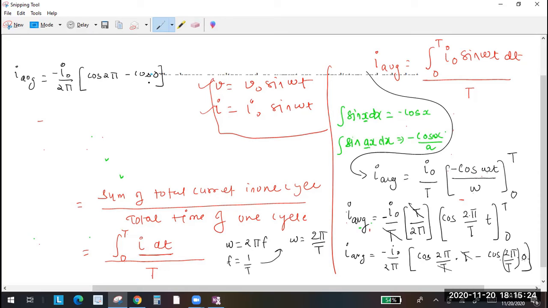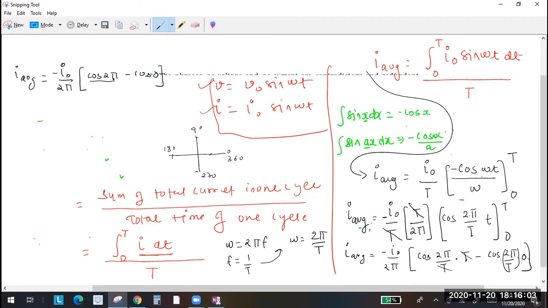What is the value of cos 2 pi? What is the value of cos 0? 1. And see, this is 0, this is 90, this is 180, this is 270, this is again 360. So you can see cos 0 and cos 360 are the same thing after one revolution. So how much will be the value of cos 2 pi?